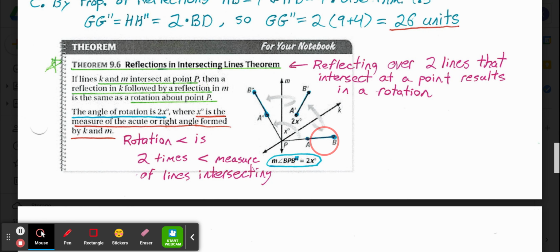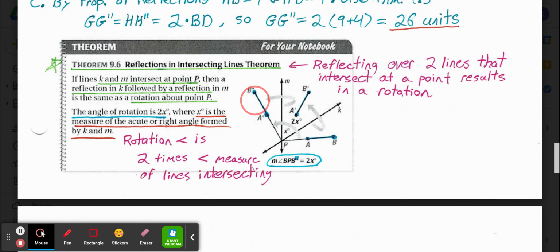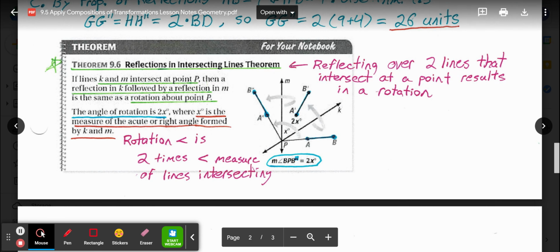So if AB is my original segment, and I reflect it over K, then over M, that would be the same result as simply taking segment AB and rotating it around point P to get our final segment. So let's look at the theorem. It says if lines K and M intersect at point P, then a reflection in K followed by a reflection in M is the same as a rotation about point P.